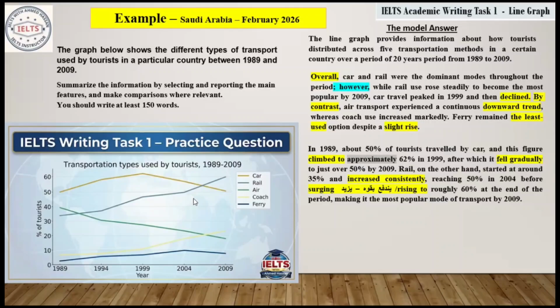But the details shouldn't be about everything. You should focus on 2 or 3 points and write about them. You can divide your chart into 2 parts. You can choose 2 modes of transport, and in body paragraph 2, you can write about the other 3 modes of transport. It's okay. Any details.